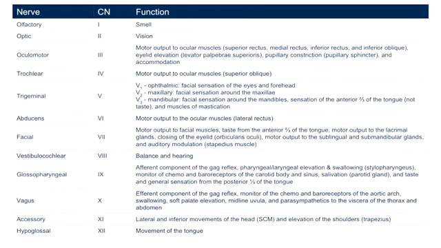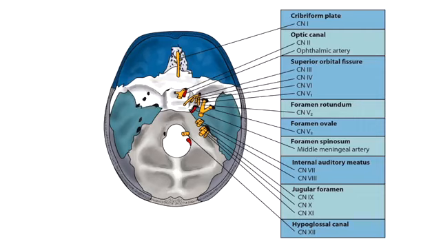From table 8.1, we can see that the maxillary branch of the trigeminal nerve provides facial sensation around the maxilla. And this would include the upper lip. From figure 8.23, we can see that the maxillary branch of the trigeminal nerve passes through the foramen rotundum.